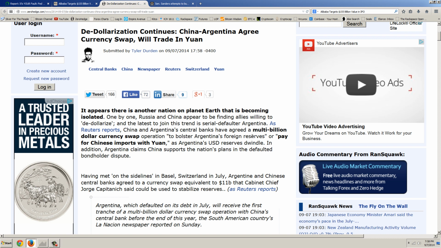Is it to have U.S. dollars? And what do they need those U.S. dollars for? So you can see that, and then the goods that Argentina has, if those goods are denominated in yuan, and other countries can buy those goods, and Argentina needs yuan to pay China back, you can see that this can have a very rapid snowballing effect.